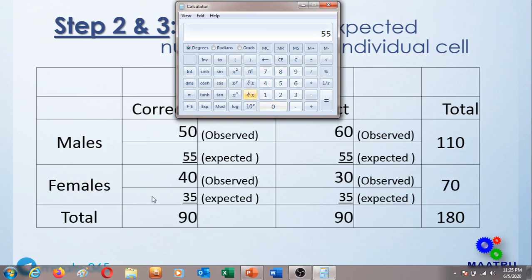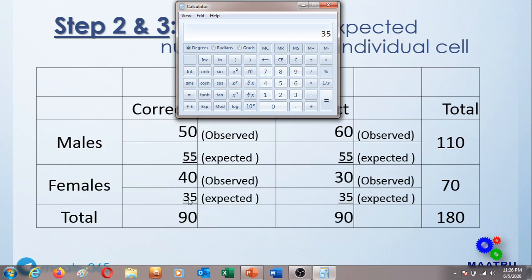Moving on to the next cell. This is second row and first column. Second row total is 70 into first column total 90 divided by grand total 180 gives us 35.